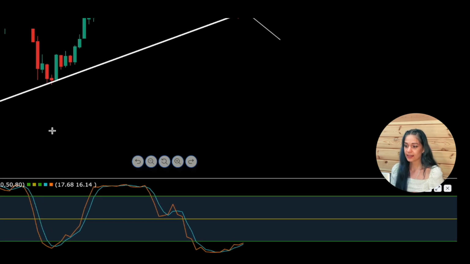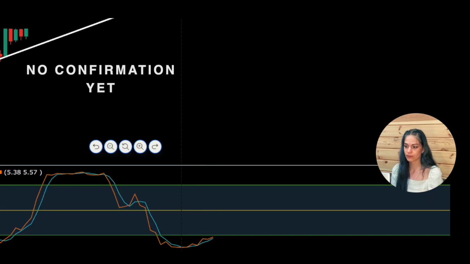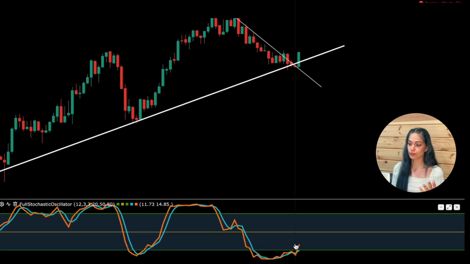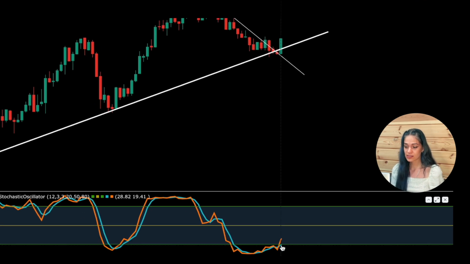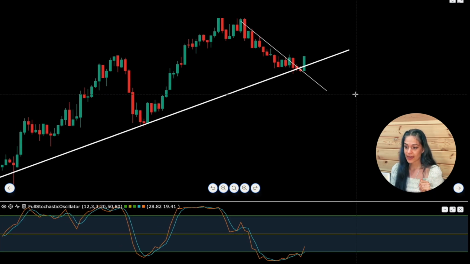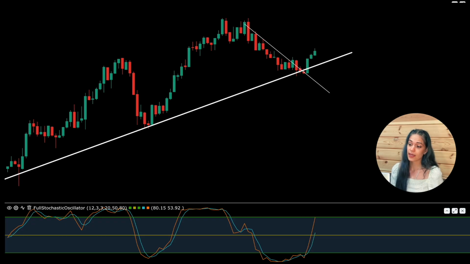We see an intersection with the trend line, but also we don't see a confident intersection, not with stochastic, not with the trend line. We continue to wait, and now we see a clear breakout of our mini trend line, and we see that stochastic reverses the direction and rushes up. At this point, we can open a deal for an increase for 3 minutes as usual, and let's see what happens with the price. We see its gradual growth.